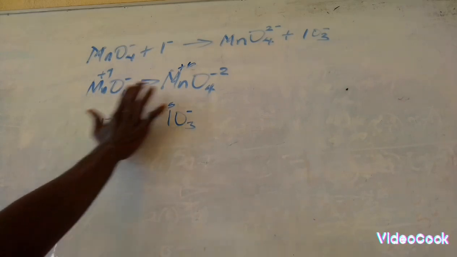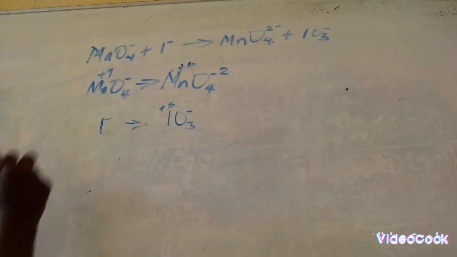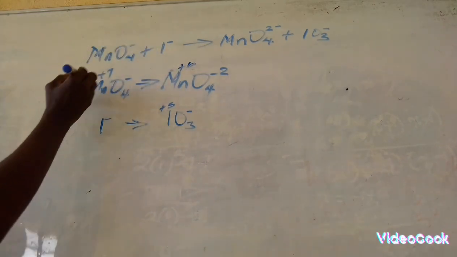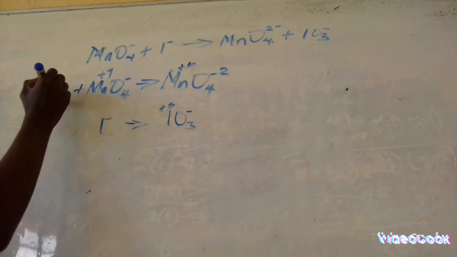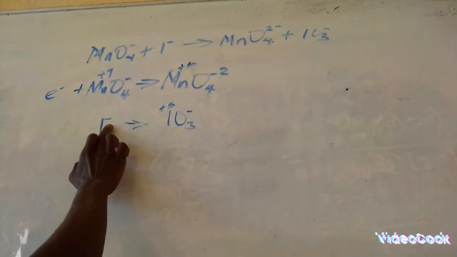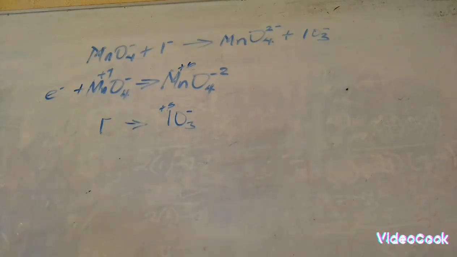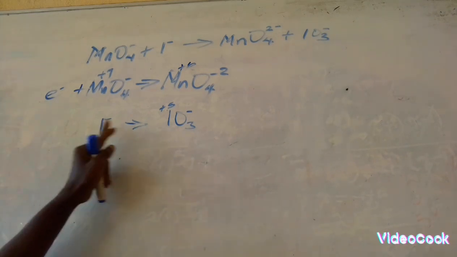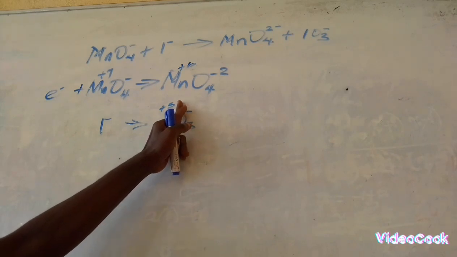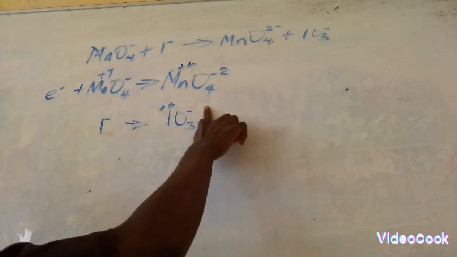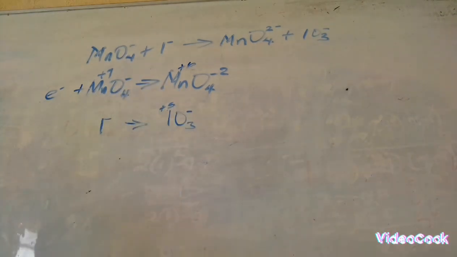All right. So right now, what do we do to balance the charges? Here we have positive 6 and then positive 7. We add an electron here, and then another electron here to balance this charge. The overall charge here is negative 1, but the overall charge here is positive 5. So what do we do to have negative 1 here and negative 1 here?